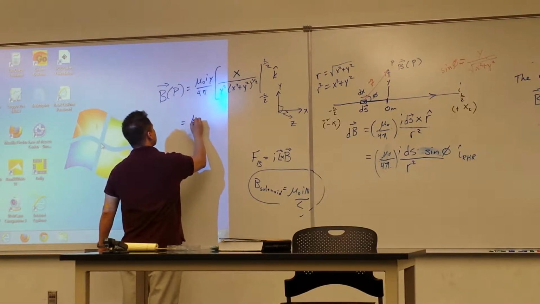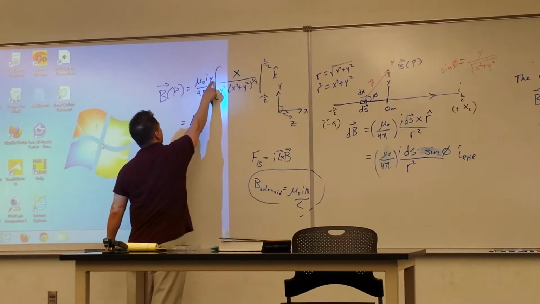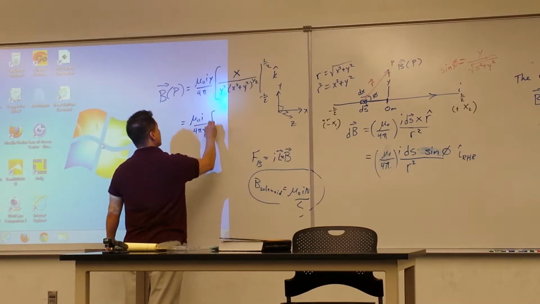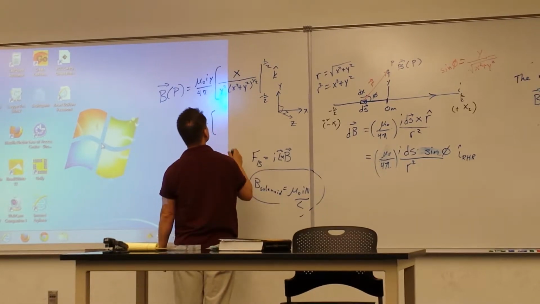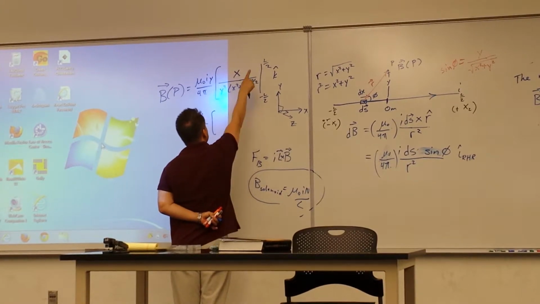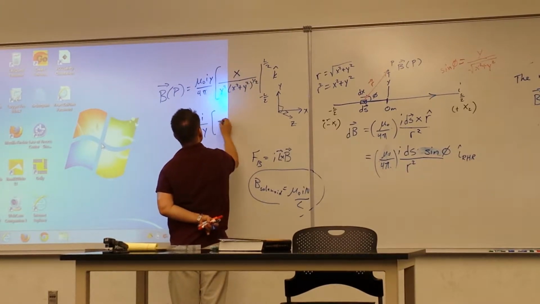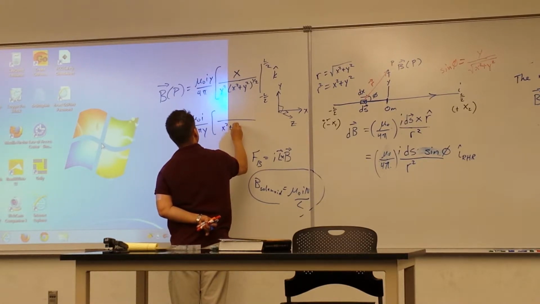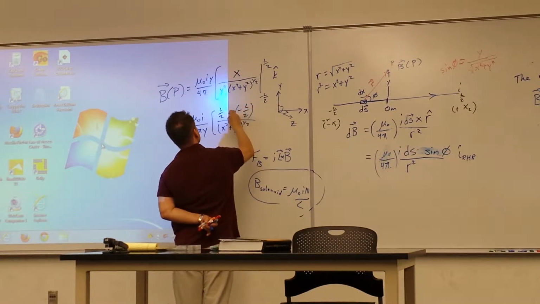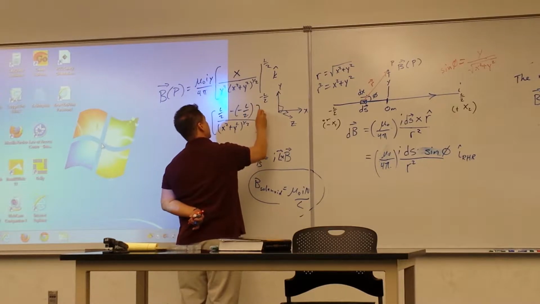Okay, so we get mu naught I. One of these y's goes away. The nice thing about that x squared and these being symmetric is whatever that is going to stay. So I'm going to have x squared plus y squared to the 1/2, and I'm left with L over 2 minus minus L over 2 in the k direction.